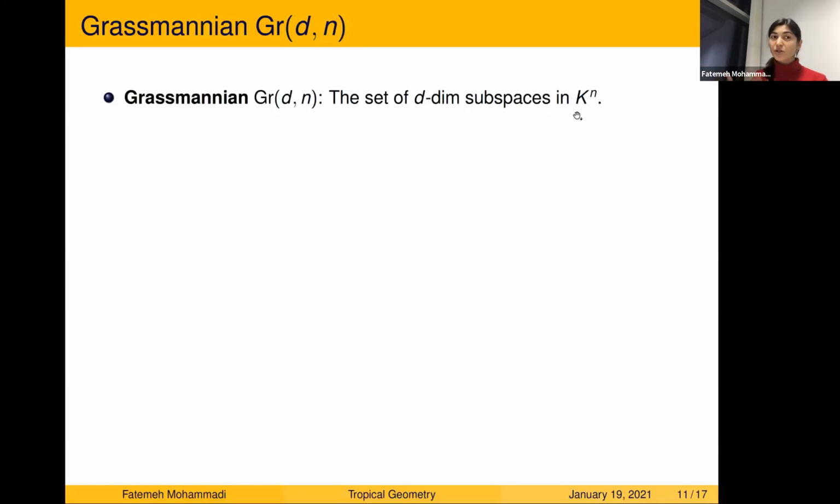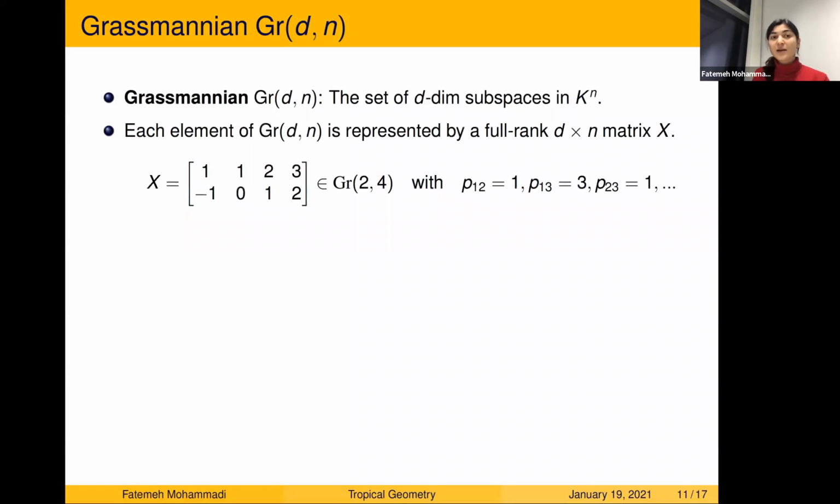Every point in the Grassmannian represents a linear space, and comes with a d times n matrix of full rank. For example, if I'm in Gr(2,4), I can find a 2 times 4 matrix and compute its Plücker coordinates and Plücker vectors.